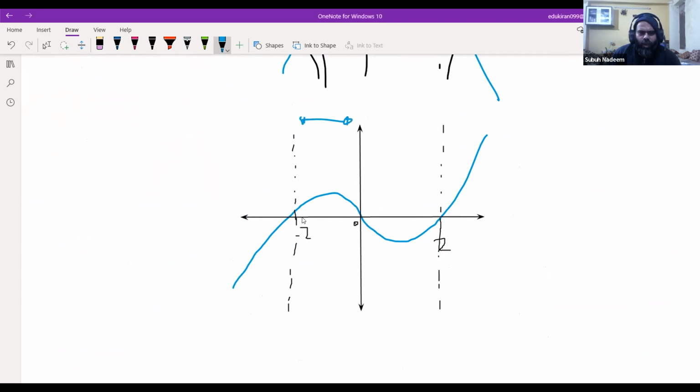Let us talk about this region. In this region, what is the behavior of the graph? It is starting from -2, where it is 0, to some maximum value, then again coming to 0. So what can be said about the reciprocal function in this region?